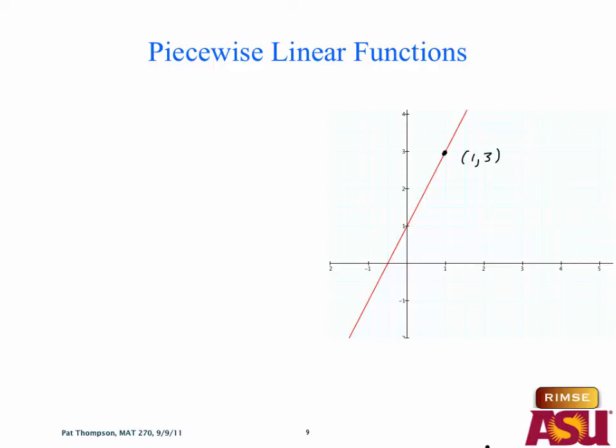Agree with that? Michelle, you don't look certain about that. I'm not sure I understood the question. A constant rate of change of 2 means that some quantity is changing twice as fast as some other variable. So that quantity changing twice as fast as some other variable, how is that represented on this graph?